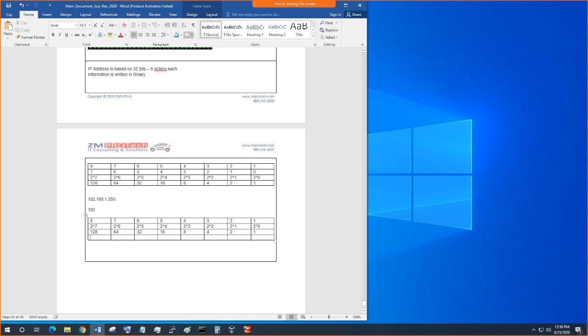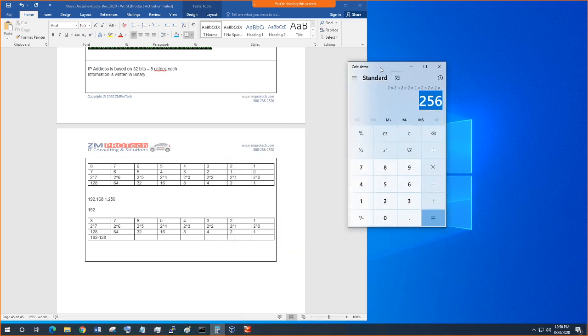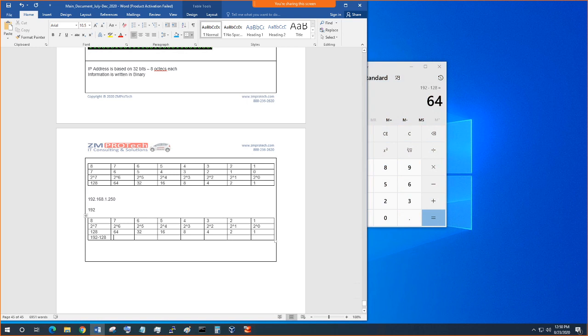So we take 192 and subtract 128. How much is left? 192 minus 128, 64 is left here. Okay, 64 is left.